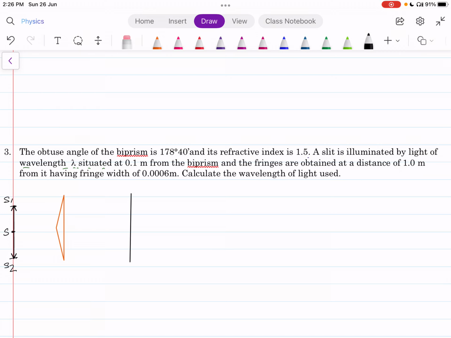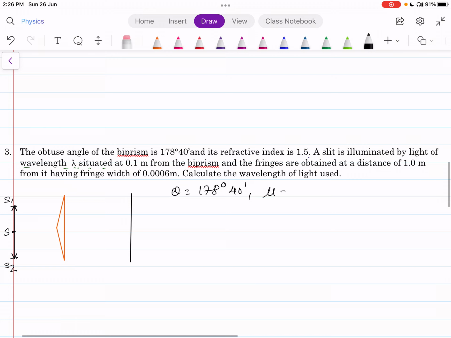The obtuse angle is given. That is theta equals 178 degree 40 minute, and its refractive index is 1.5.